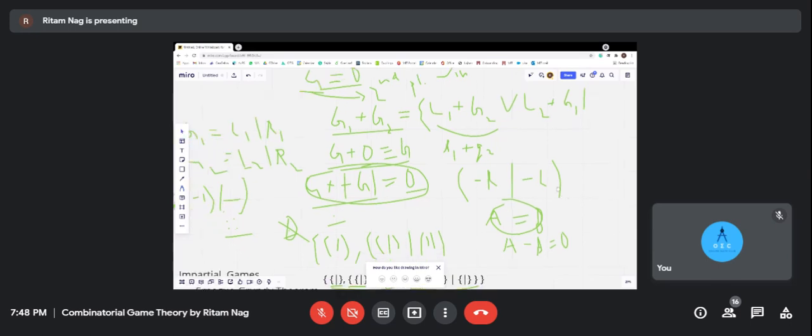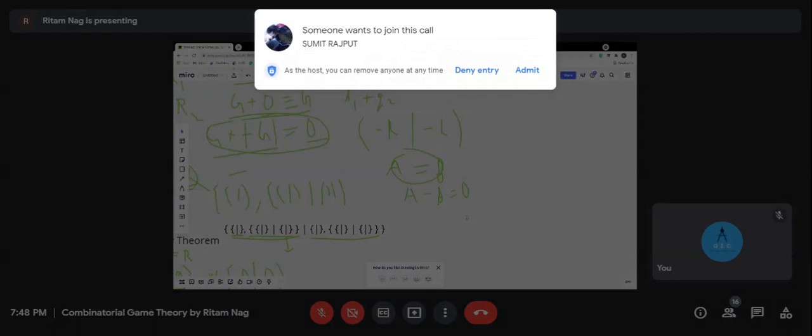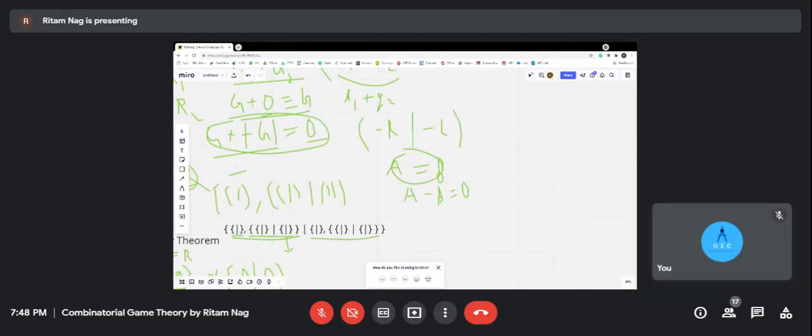So from a more real game perspective, the idea is that two games are equivalent if playing the first game and playing the second game with players reversed is a second player win.